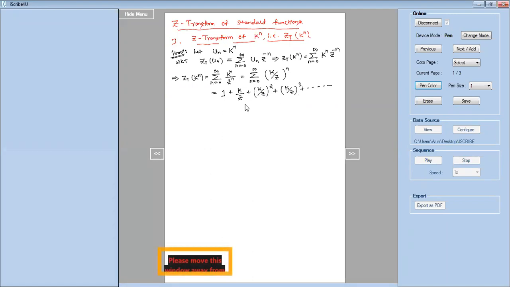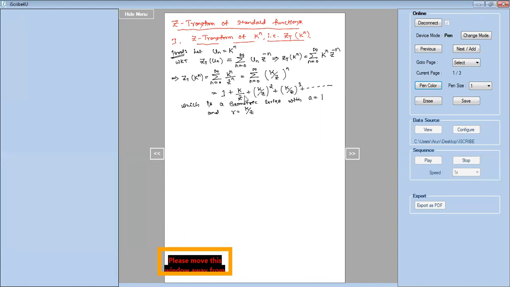Now what we can write here? What is this series? It is a geometric series. It is like A, first term, A into R, A into R square, R cube, and so on. I'll write here, it is a geometric series with A is equal to the first term 1 and the common ratio R is equal to k by z.